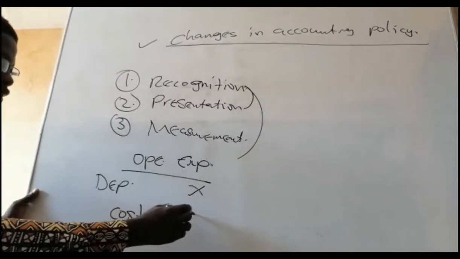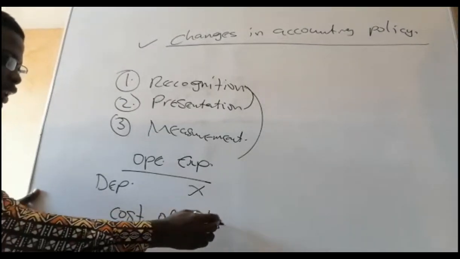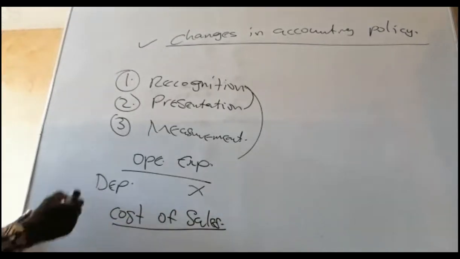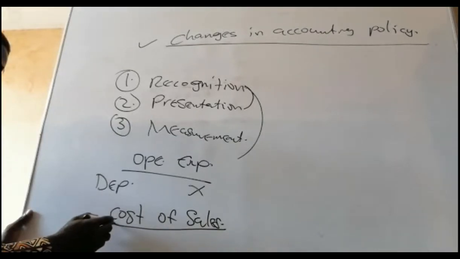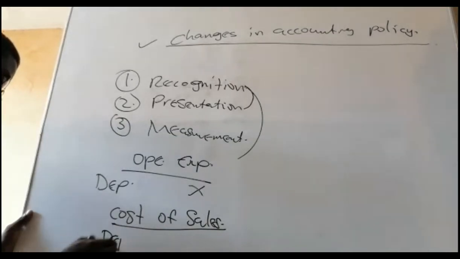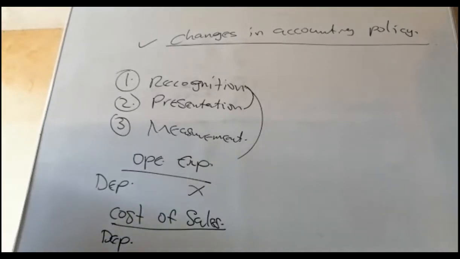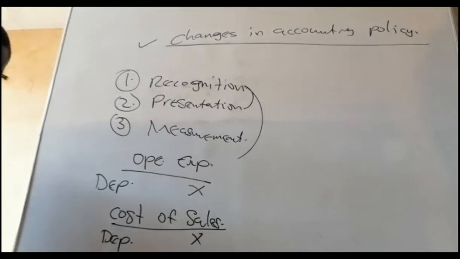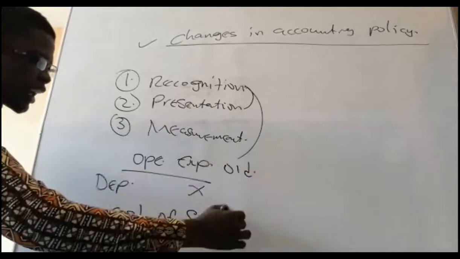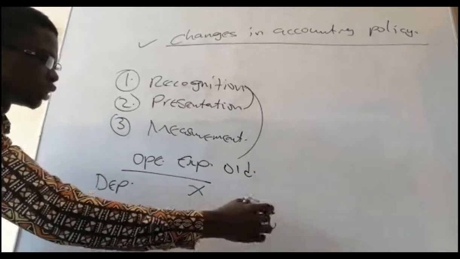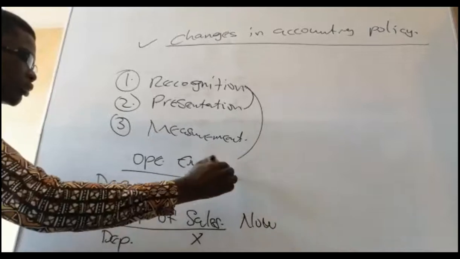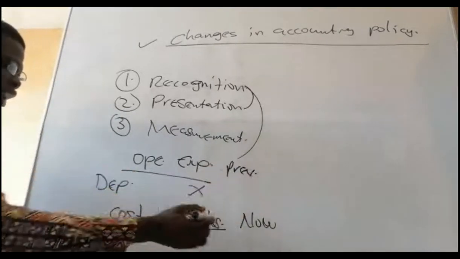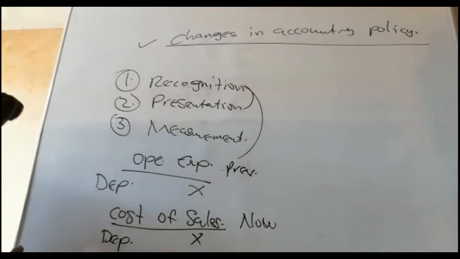Therefore, this will be changing what? Presentation. Formerly it was presented under operating expenses, but now presented under cost of sales. So previous and now, this is a change in what? Presentation.